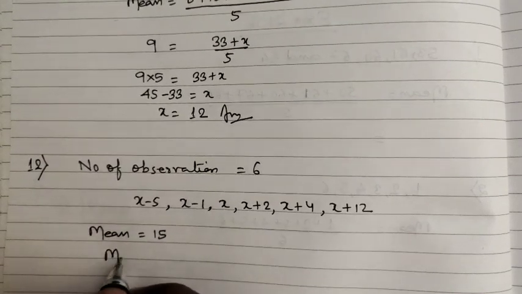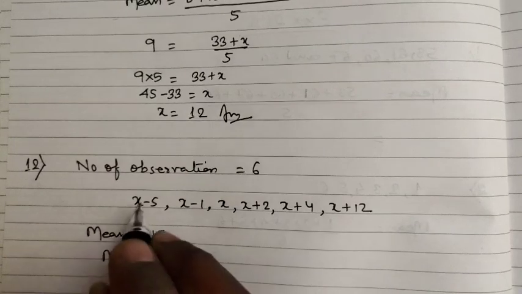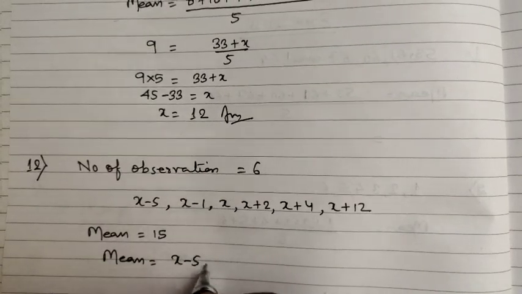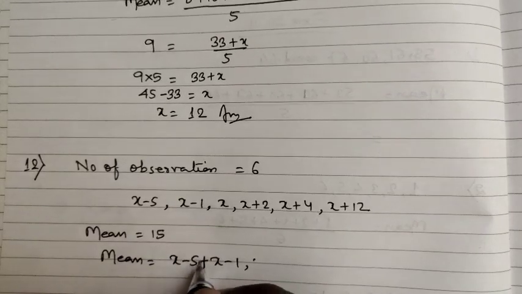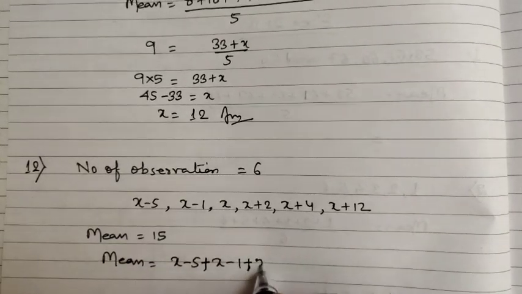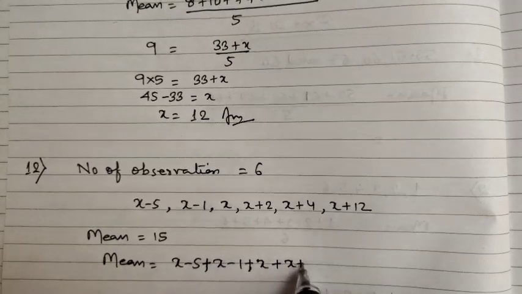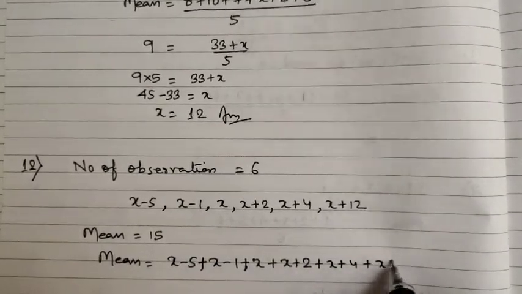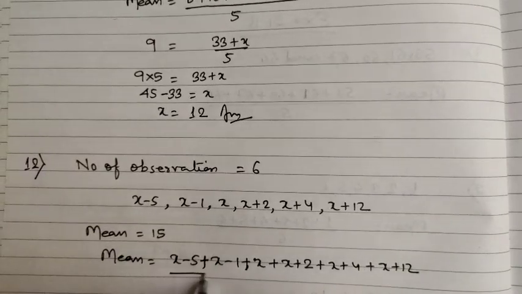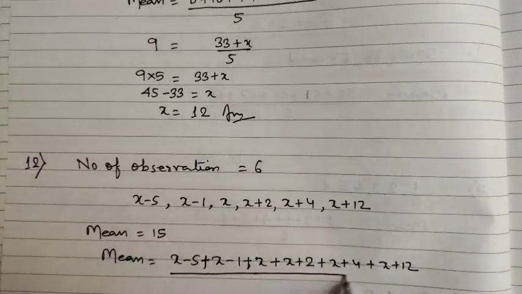First, mean is equal to the sum of all observations: x minus 5, plus x minus 1, plus x, plus x plus 2, plus x plus 4, plus x plus 12, divided by the number of observations.